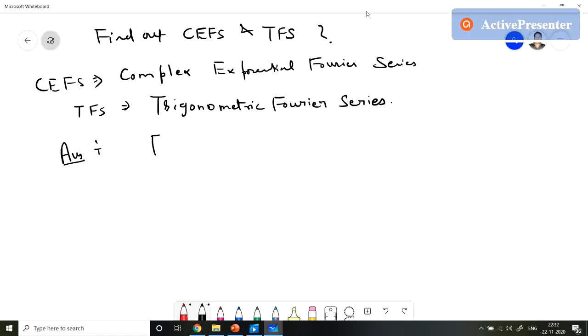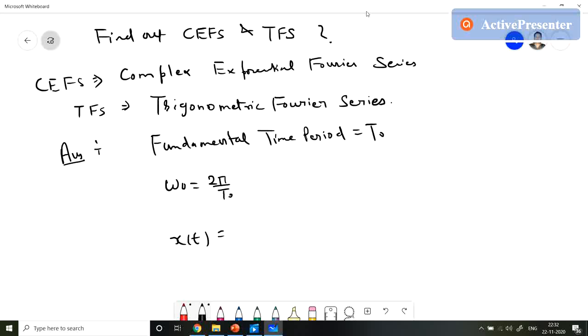So the fundamental time period is equal to T naught. So omega naught is equal to 2 pi divided by T naught. x(t) is written as summation k equals minus infinity to plus infinity ck e raised to the power jk omega naught t.